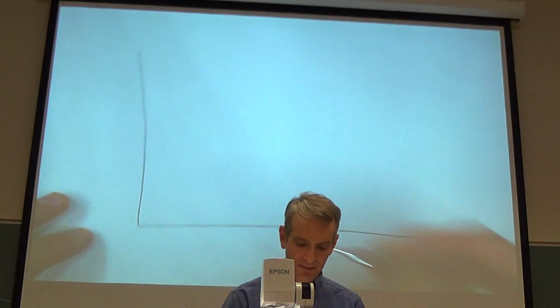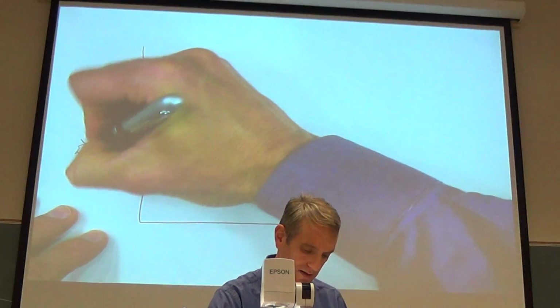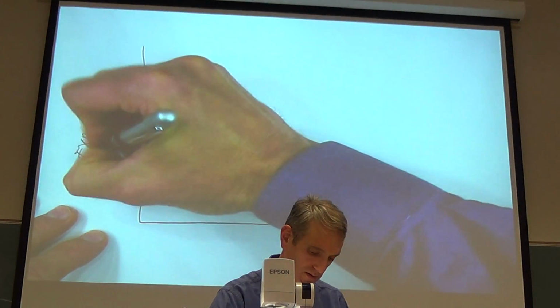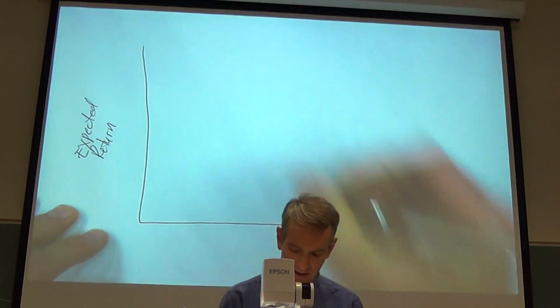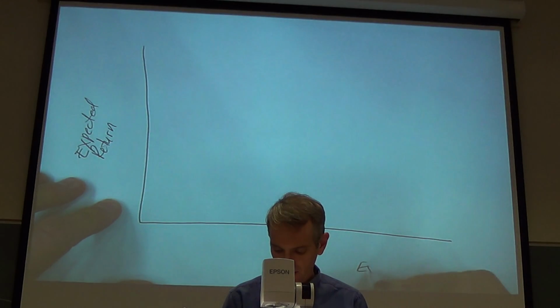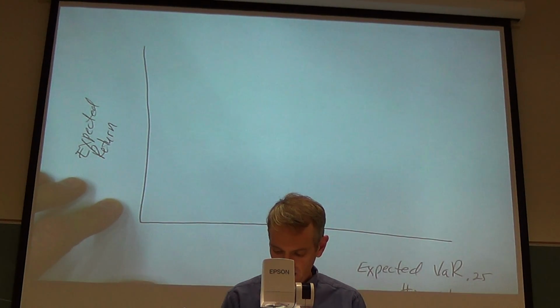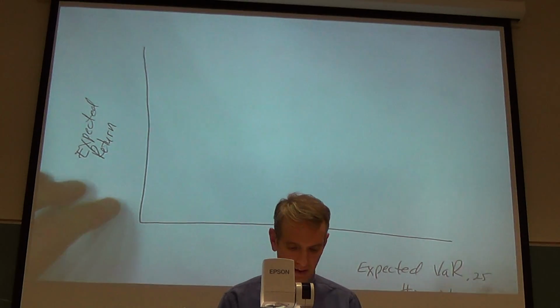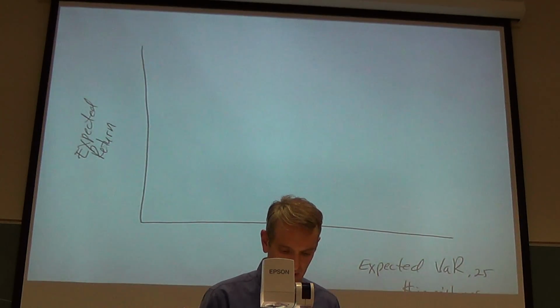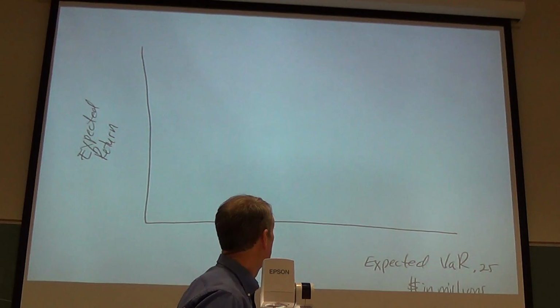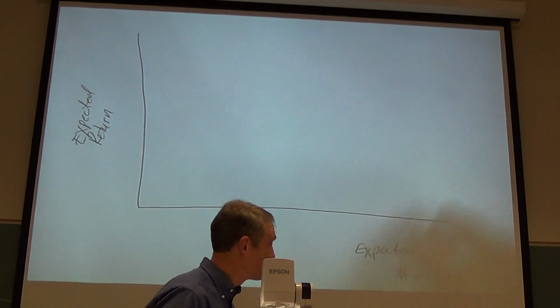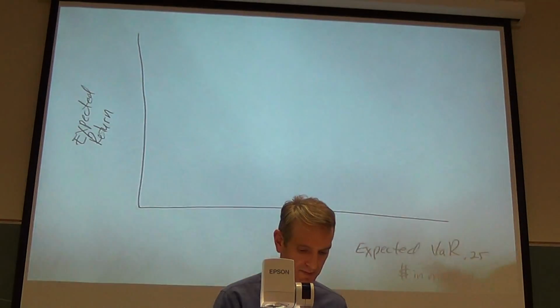and on your graph you want to label it. So what is over here? Expected return. And down here is the expected VaR. I don't know if you can say expected on VaR, but we will. At 0.25, dollars in millions. All right, so the current strategy has a 7% expected return.